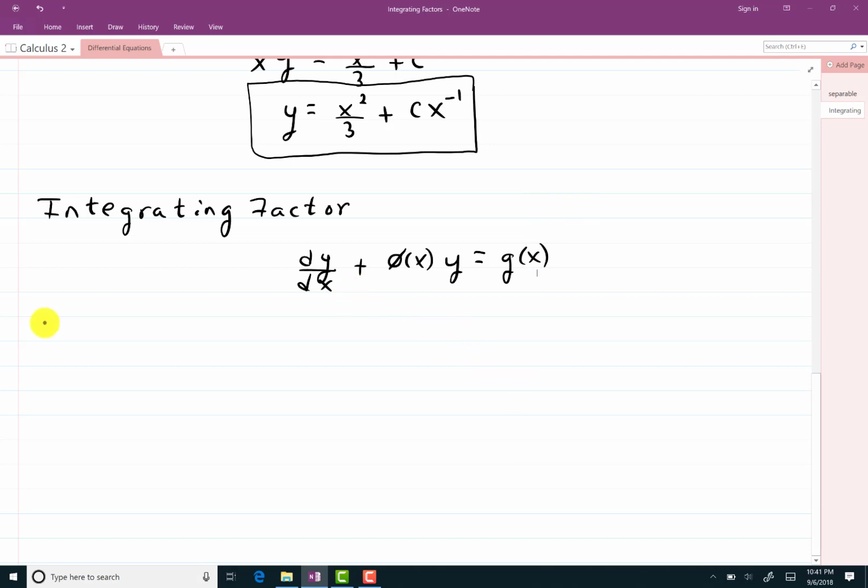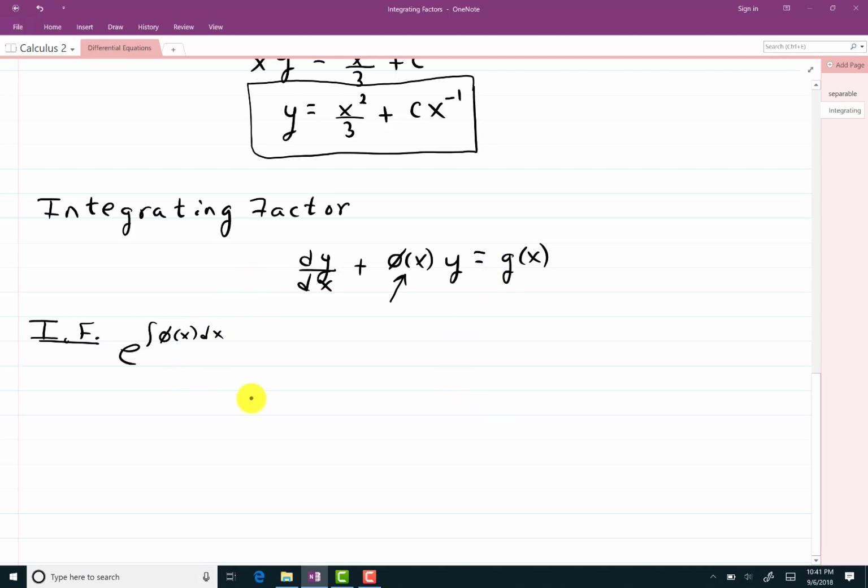Then my integrating factor, I'll call it I.F., will be e to the integral of phi of x. So there it is, right? This guy right here is the thing we're looking at. I'll do e to the integral of phi of x dx, and I'll multiply everything through by that.